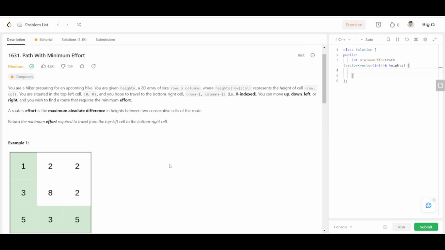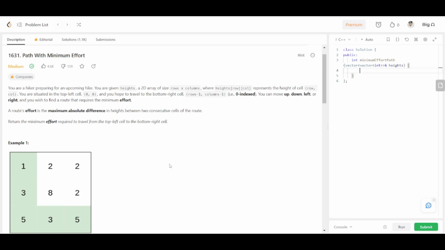You can move up, down, left or right. That means from any cell you can move to all of the adjacent 4 cells of the matrix. Now a route's effort is the maximum absolute difference in the heights between two consecutive cells of the route. Like for instance, starting from the cell 0 0, you take some route and you reach the bottom right cell of the matrix.